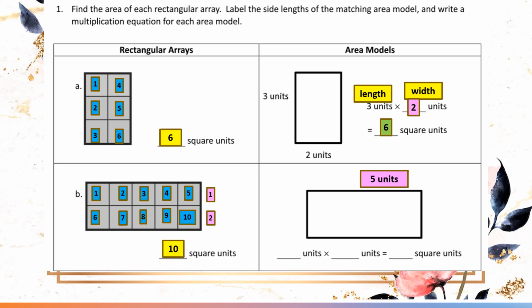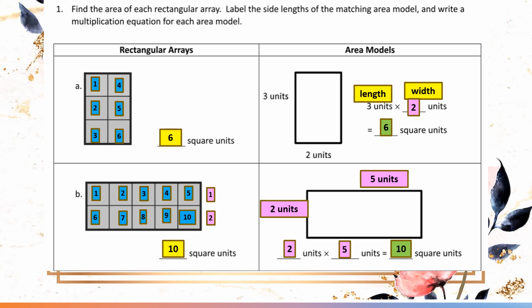So that means that the length of this rectangle or rectangular array is 2 units. So I'm going to label my length as 2 units. So that means that my equation is 2 units times 5 units. And again, they match, so we should already know that 2 times 5 is 10.